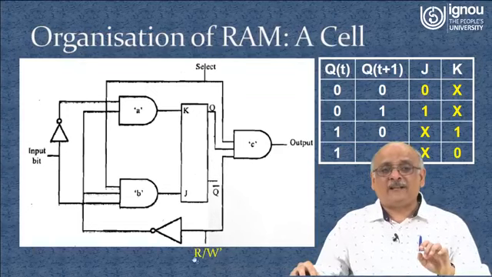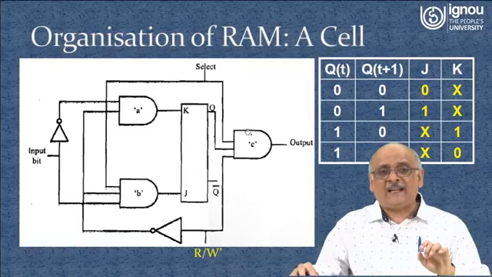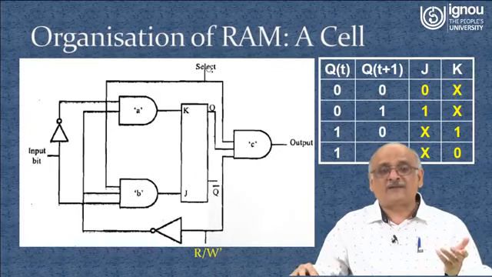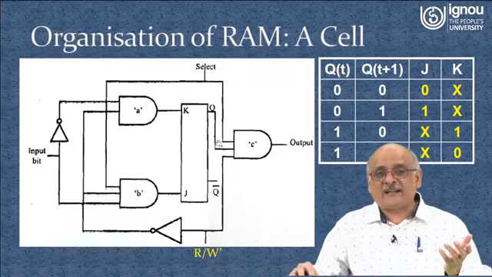So first start with the read, which is simpler. If I say read goes to 1, look into the AND gate here. So the AND gate will be activated. Alright, so the JK flip-flop, suppose it contained a value 1, and the select input has to be 1. Otherwise, there is no point talking about this particular cell. When this particular cell is selected, only then will this output be obtained.